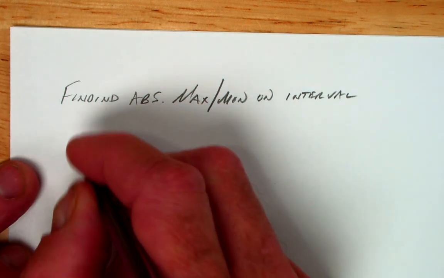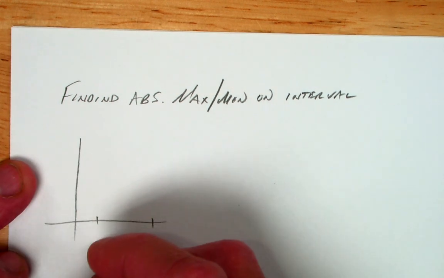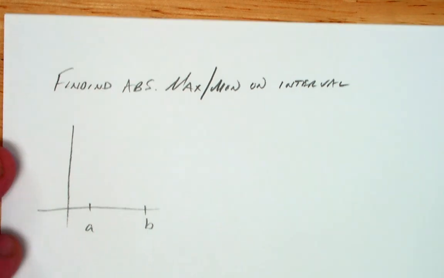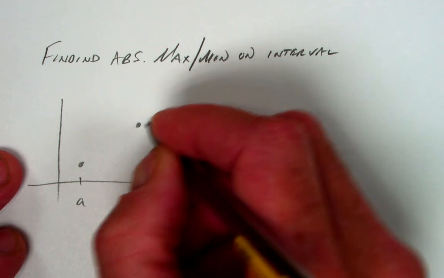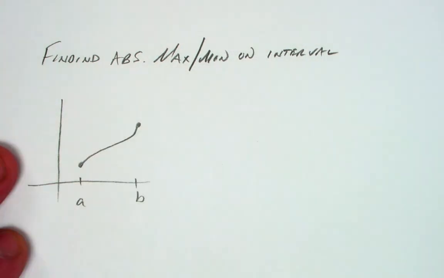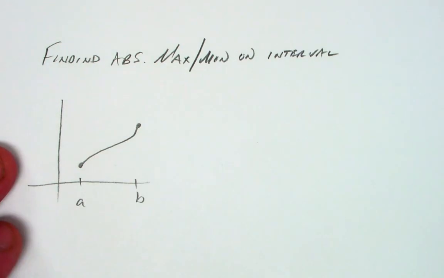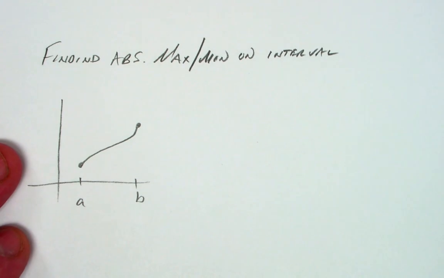If I've got some interval, let's just say a to b, I'm just trying to clarify. If I have something like this, where could my max and min occur? Yeah, it'd be at my endpoints. Do my max and min have to be at my endpoints?